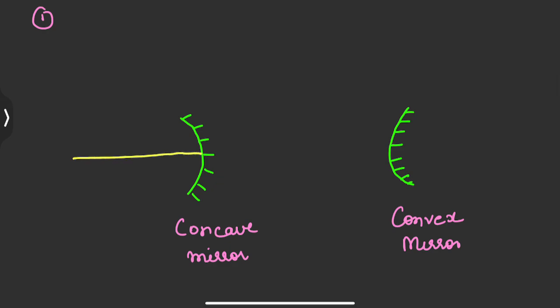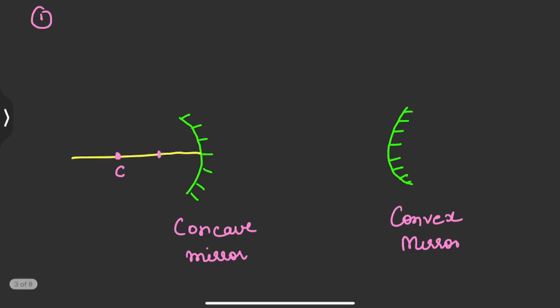In the last video I have taught you all the components of the spherical mirror, so you can go through that video. In that, what is principal axis, what is principal focus, what is center of curvature, everything is taught in detail. Now this is called C, which is center of curvature, and half of this length is called F, which is principal focus.